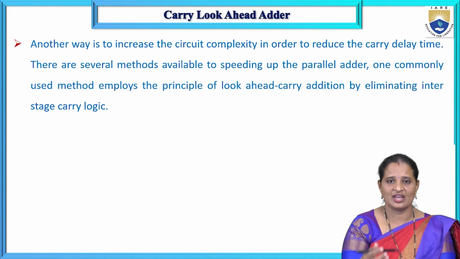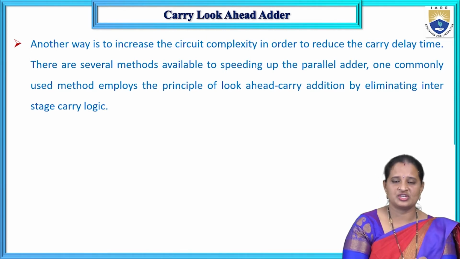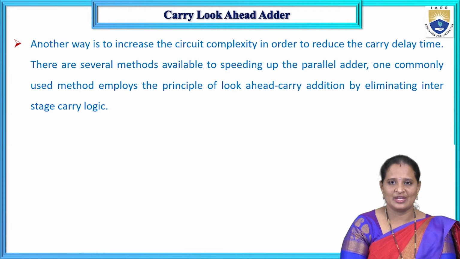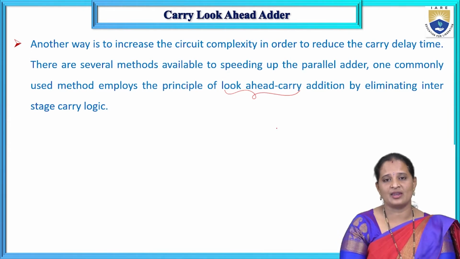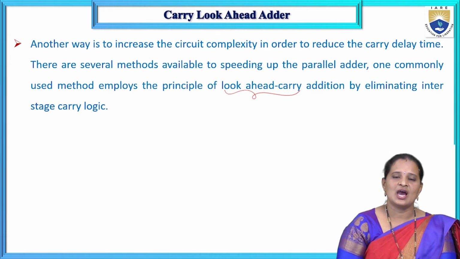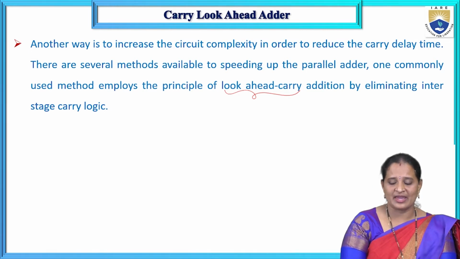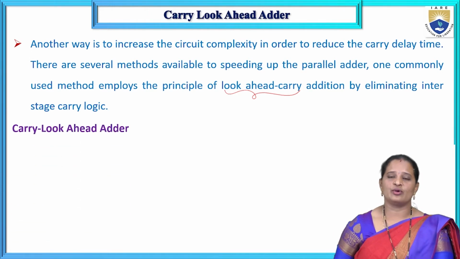That means it eliminates the propagation of carry from one section to the other so that the delay can be eliminated. Well in advance we generate the carry, and we also have a mechanism for making that carry propagate from one section to the other. That mechanism is included in the carry look-ahead principle. What is that principle?